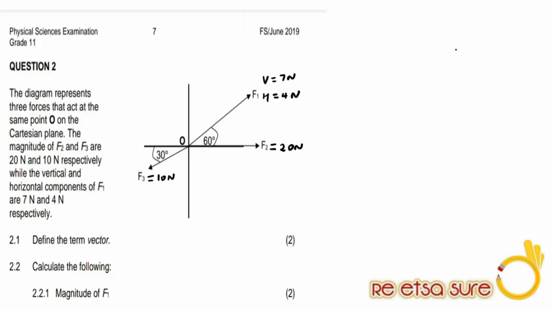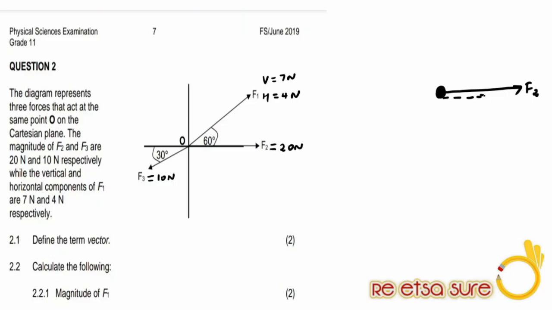So now let's check. Here is my dot. I'm having my F2 here, and I'm also having F1. The horizontal component of F1 must be facing in this way.